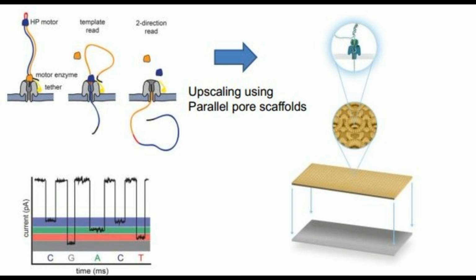More importantly, we can also see the direction in which the DNA is going to move. In 1D, where D stands for direction, only one strand of DNA is read at a time, while in 2D, a hairpin adapter is ligated to the blunt end of the DNA, and this allows the second strand to be read sequentially and makes the fidelity of the base calling process higher.